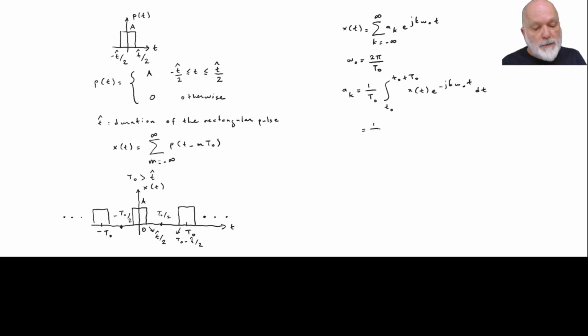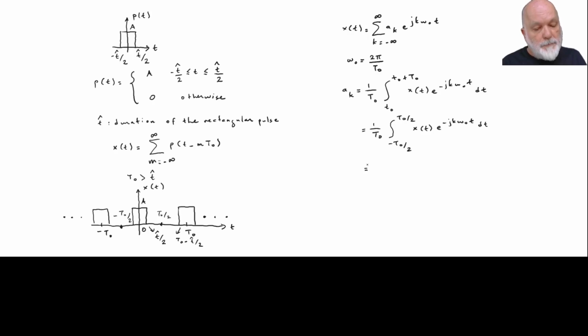So 1 over t0, the integral from minus t0 over 2 to t0 over 2 of x of t e to minus jk omega 0 t, integrated with respect to t.